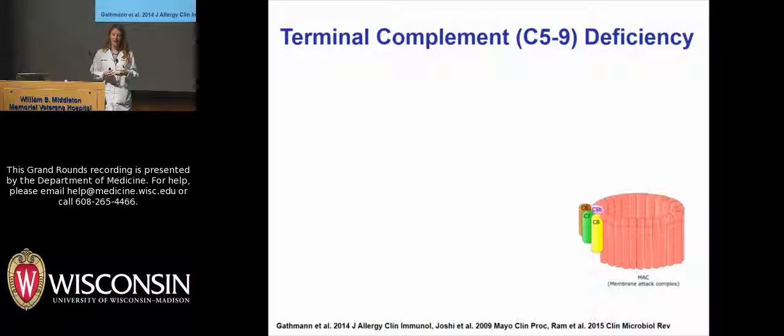After complement activation, these factors can form a pore on the surface of bacterial pathogens, allowing for lysis of the bacteria and control of infection. And this has been found to be important for Neisseria infection and clearance, particularly in patients that don't have good immunity induced by vaccination.